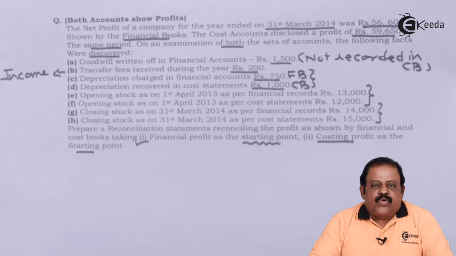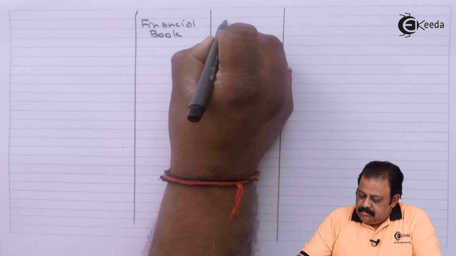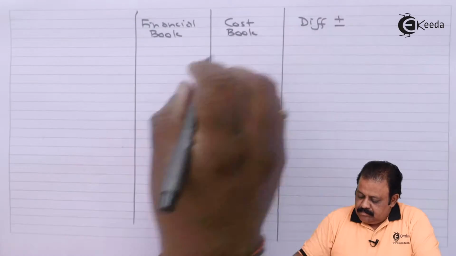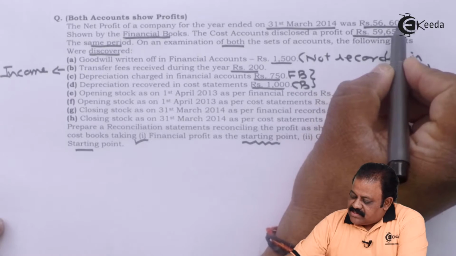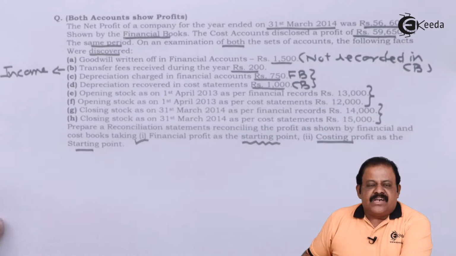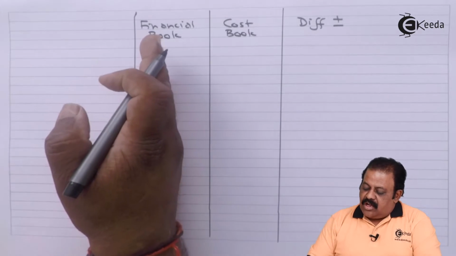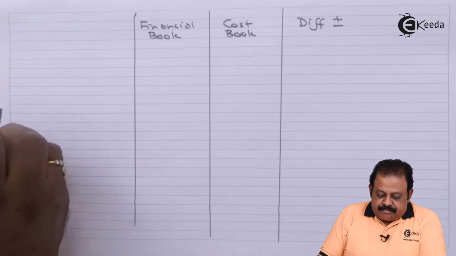Let us do the working notes. Profit as per financial book is 56,600. Let us first start with profit as per financial book. So our first column is financial book and second column is cost book.